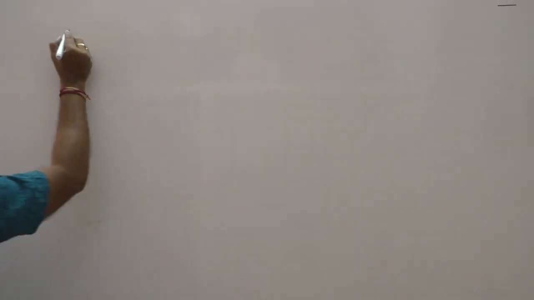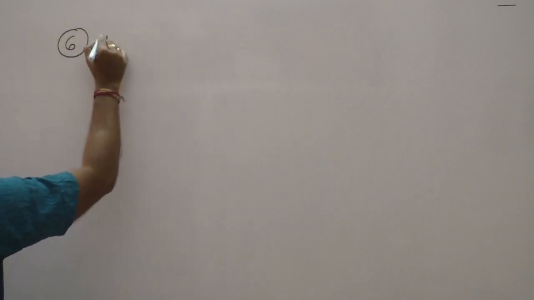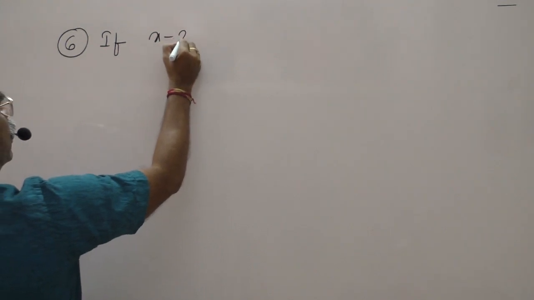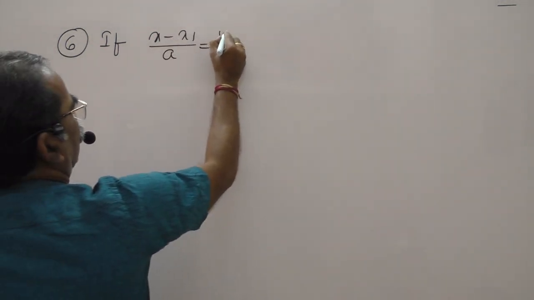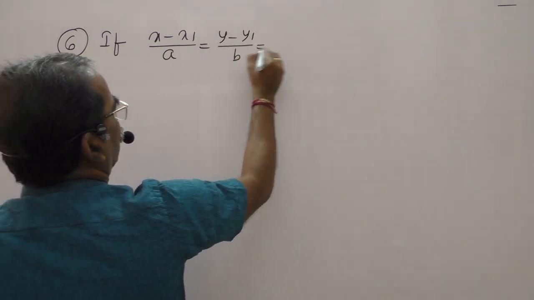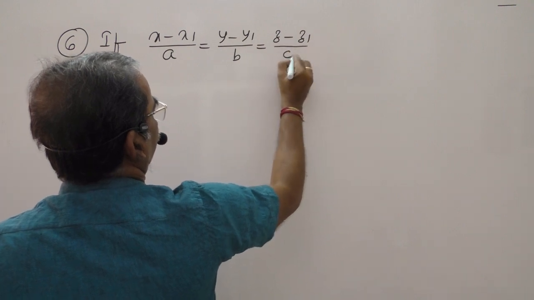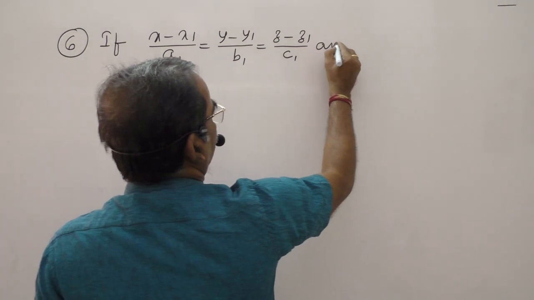Point number 6. If two lines are given, if (x minus x1) by a1 equal to (y minus y1) by b1 equal to (z minus z1) by c1, this is one line.